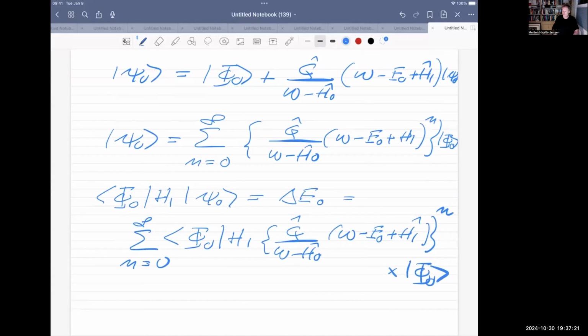So what we have arrived at is something which we are going to call a perturbative series of psi 0 and this delta E0, which has as a basis the solution to the non-interacting problem given by this state phi 0. For this to give us a practical recipe, we need to specify this variable omega.